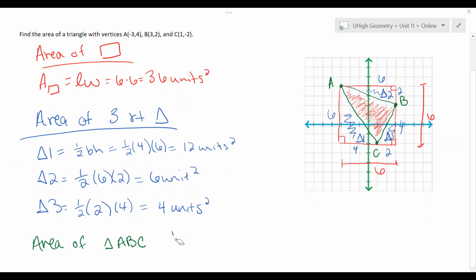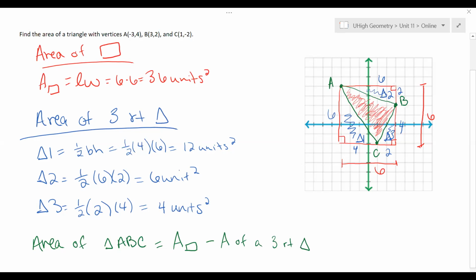What we're going to want to do here is take the area of my rectangle minus the area of all 3 right triangles.